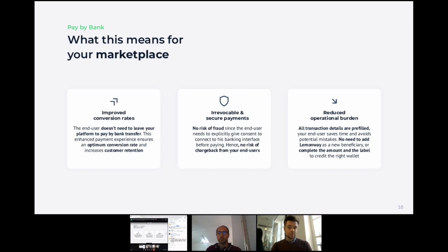From an operational standpoint, this is also much better because today we as a payment establishment, but you also as a customer, may have a challenge in reconciling transactions because of a missing matching code or missing information. As everything is pre-filled, this is going to offer a much more reliable solution in crediting.